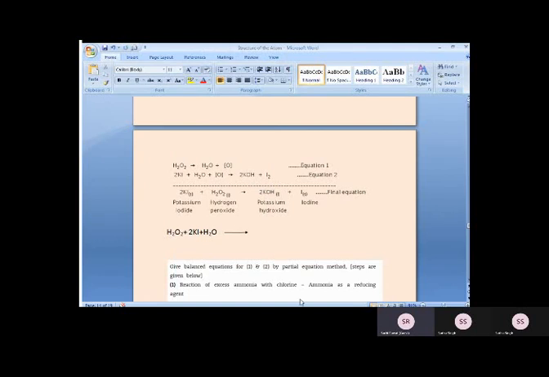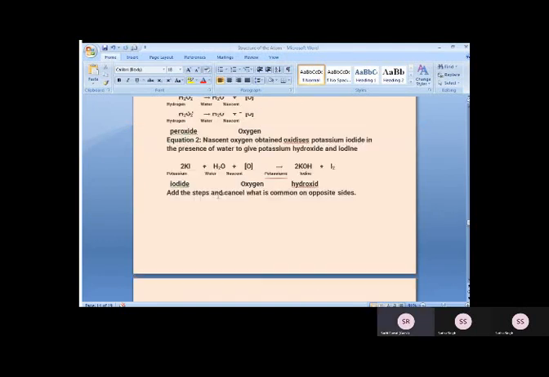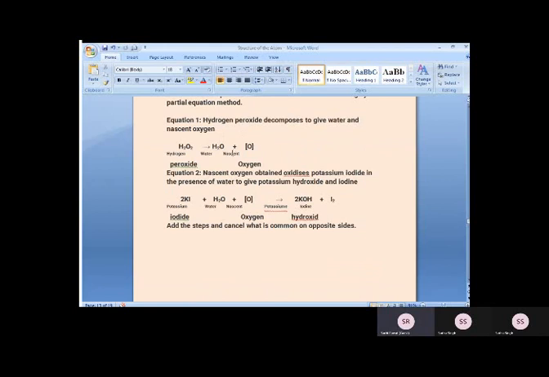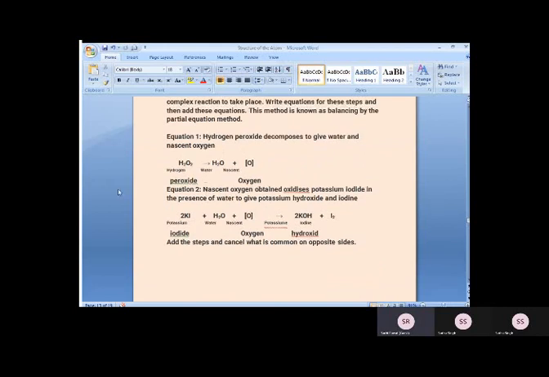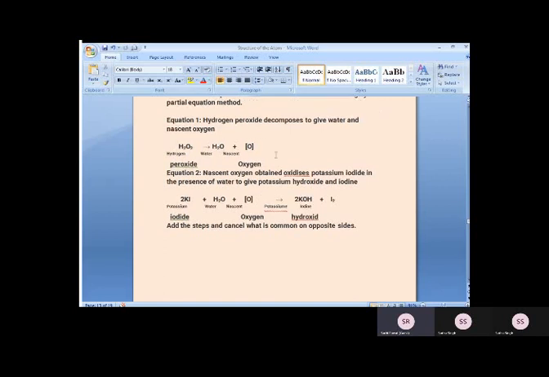Basically, we have to balance at every step. This is the first partial equation, because we must know how the reaction is proceeding. The first partial equation is when hydrogen peroxide decomposes into water and nascent oxygen. Once we write this, we balance it, and here you can see this is a complete balanced equation. After that, this nascent oxygen reacts with potassium iodide.